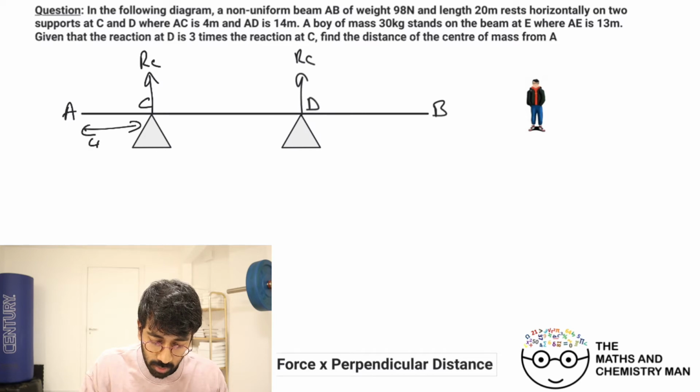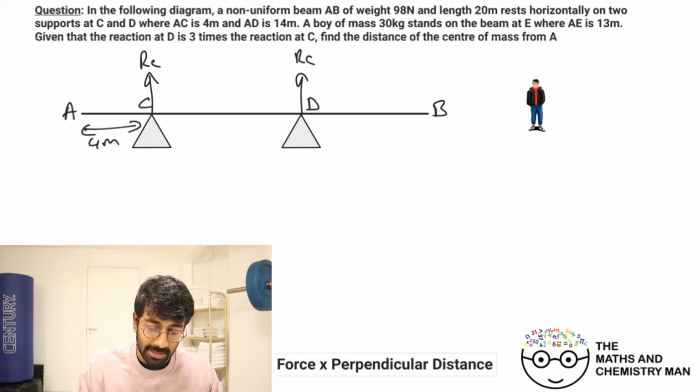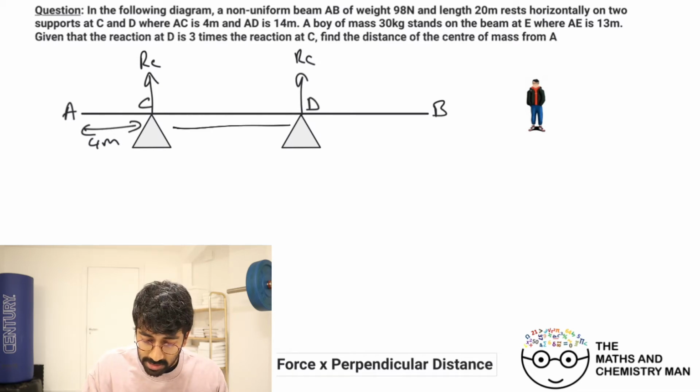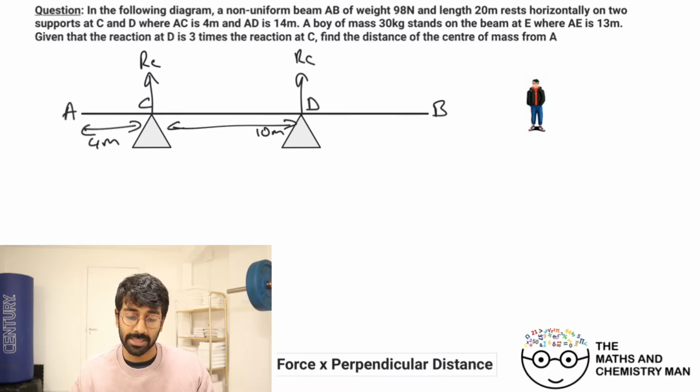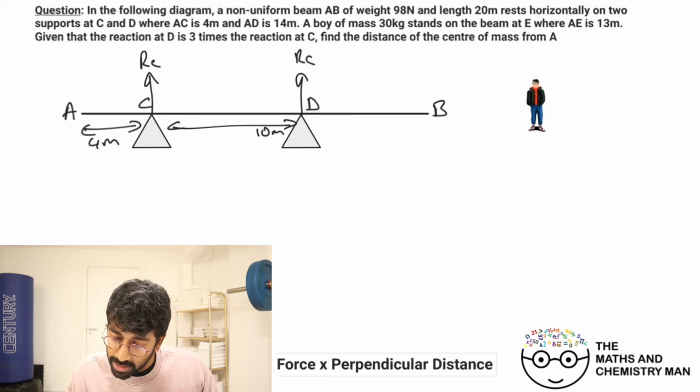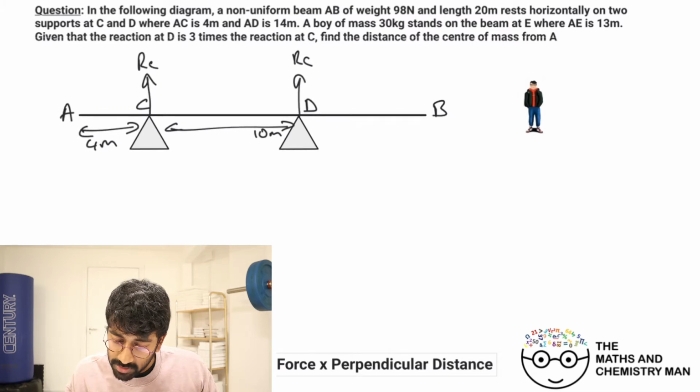The distance AC is 4 meters. We know A to D is 14 meters, so this distance in the middle must be 10 meters. And then a buoy of mass 30 kilograms stands on the beam at E, where AE is 13 meters.